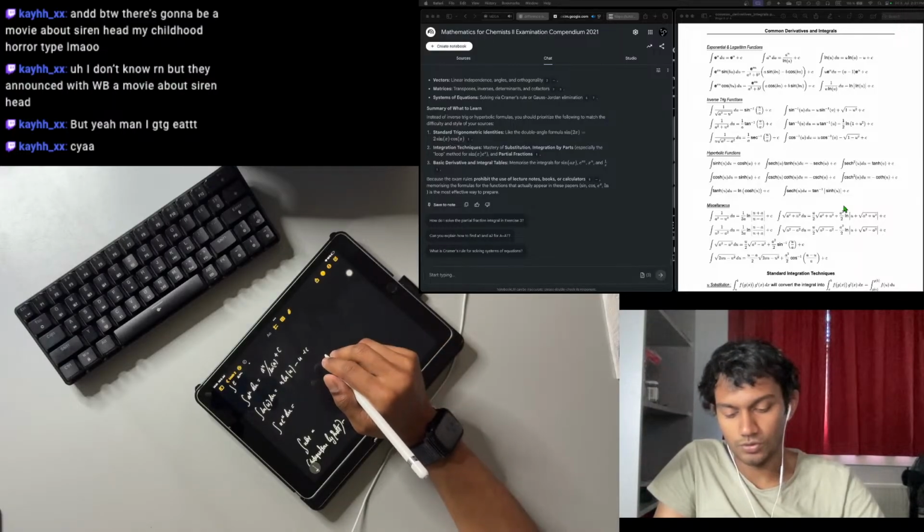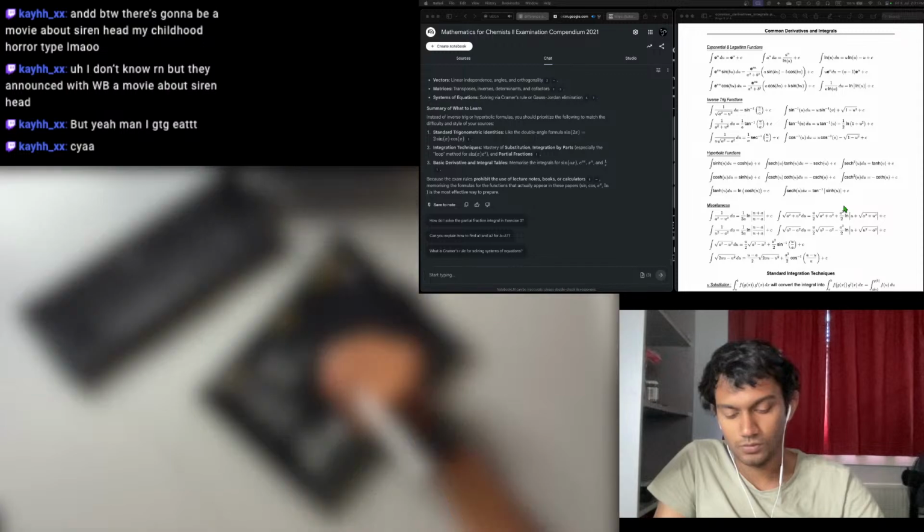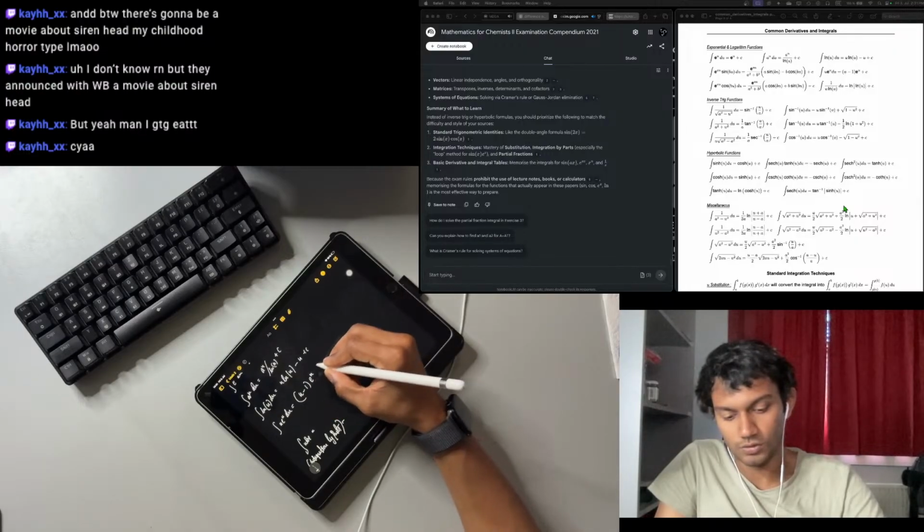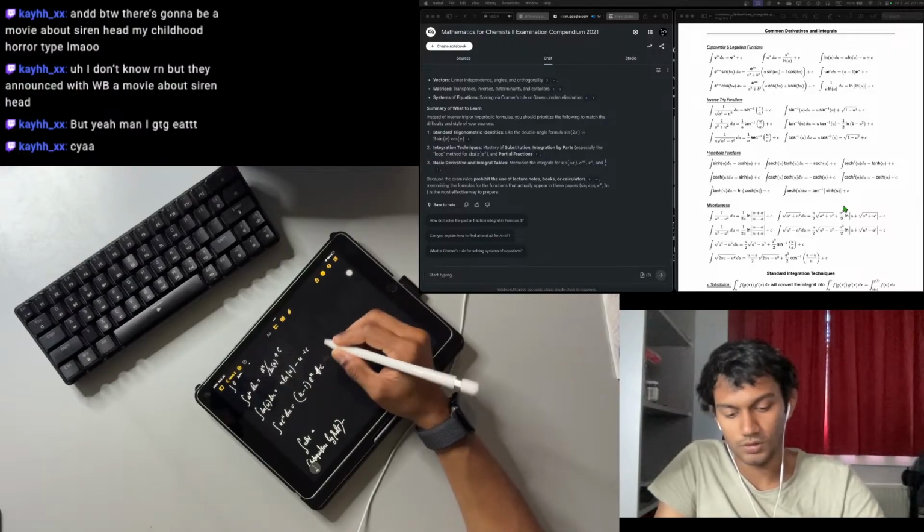Integral of u e raised to u du. u minus 1 e raised to u du. No, plus c.